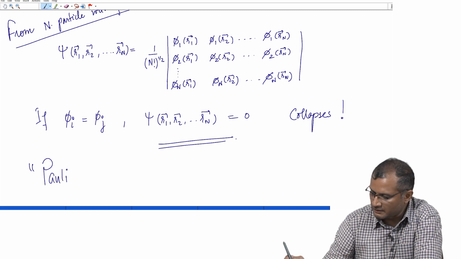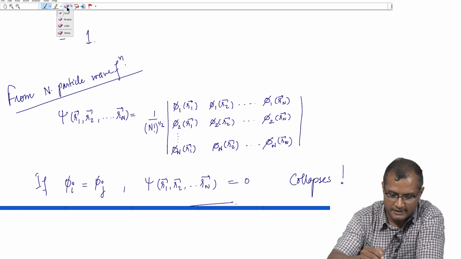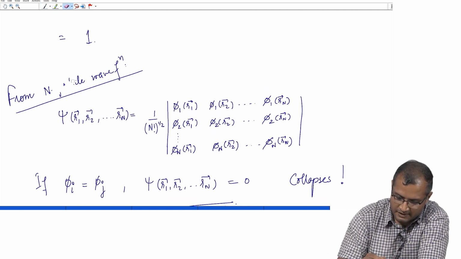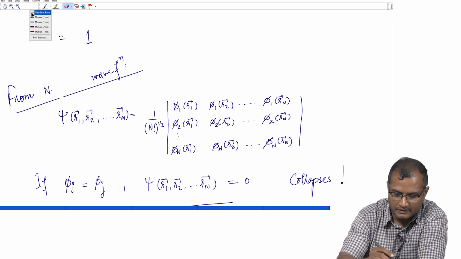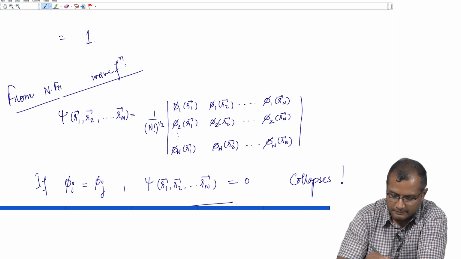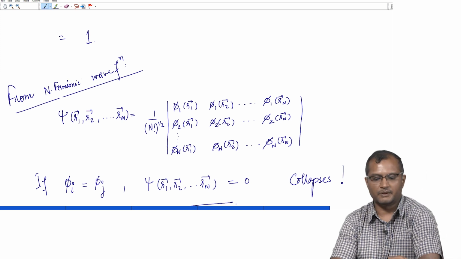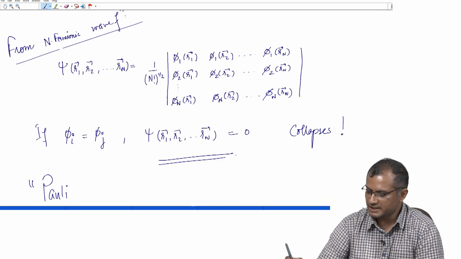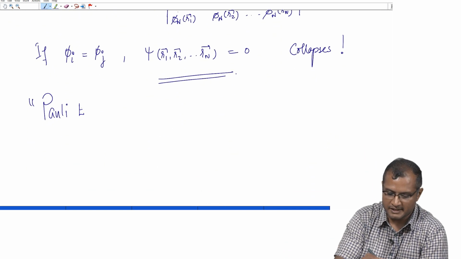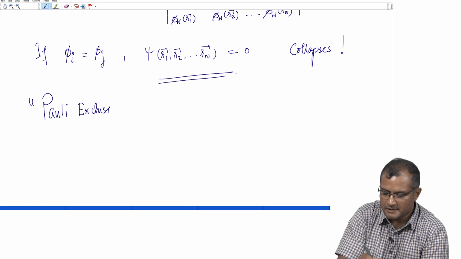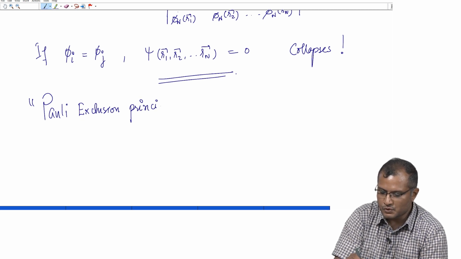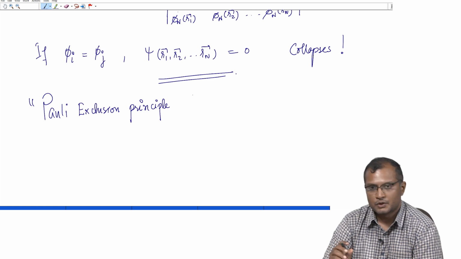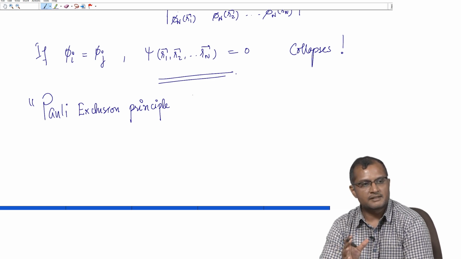Okay. Now, I must not write n particle wave function, I must be very specific that this Slater determinant is an n fermionic wave function. Okay. So, that is the reason for Pauli's exclusion principle, that you cannot force two fermions to occupy two identical single particle states.